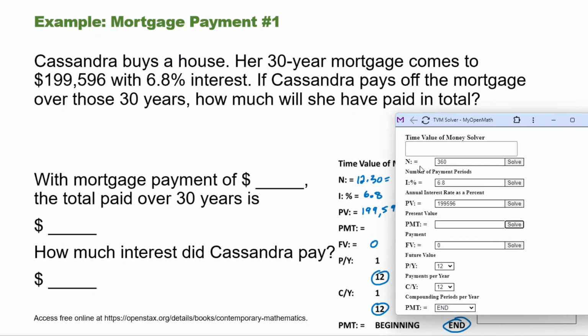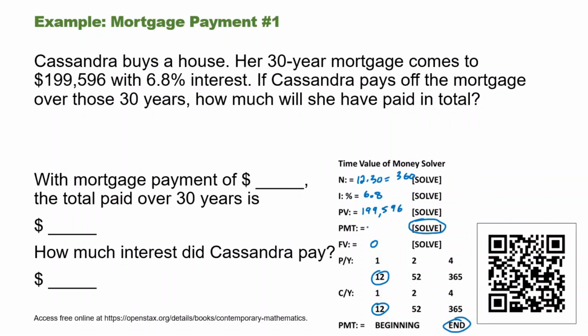And so we can click solve on the PMT or payment line. And we find that the payment is negative 1301.22. So our monthly payment, our mortgage payment, is $1,301.22. Now remember, it's negative on the TVM solver because that is indicating the direction that the money is flowing, whether it's going into your account or out of your account.